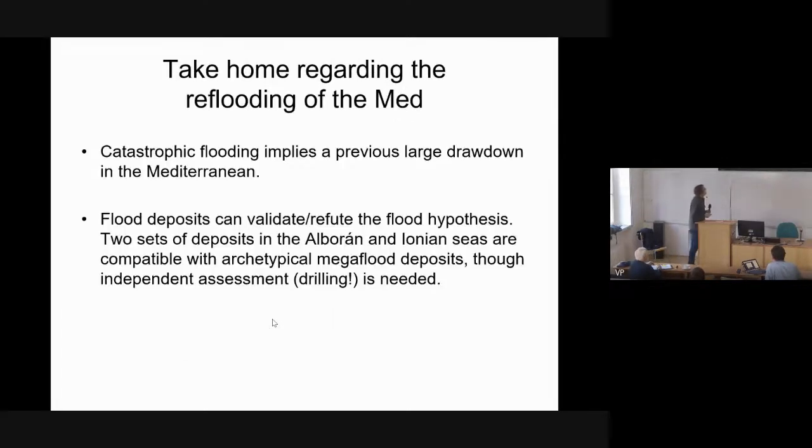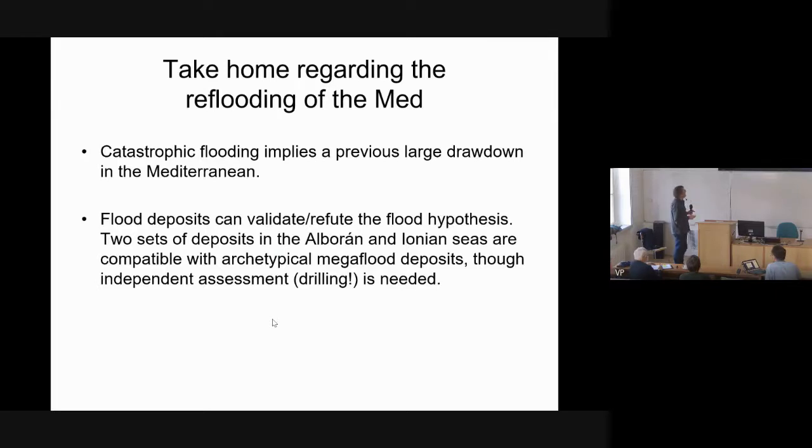And the final one is about the flood itself. Catastrophic flooding implies a previous large drought in the Mediterranean, for the reason I mentioned before. So those two things go linked together. And flood deposits can validate or refute the megaflood hypothesis in the Mediterranean. We need to really touch those. We need to drill them.